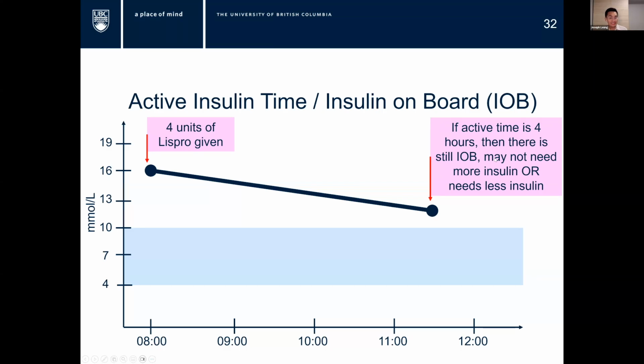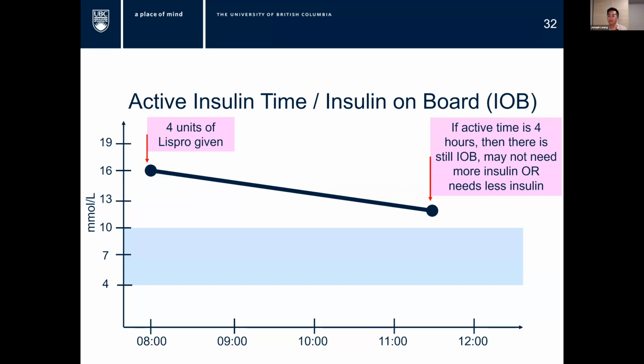So they may not need to give more insulin, even though the blood sugar is above target. Or the pump might do a calculation, what we call reverse correction, and recommend an insulin dose that is less than what you expected if the blood sugar was just 12 millimoles. It will take into account the fact that some of the 8 a.m. insulin is still active at this point, and it will reduce that amount.